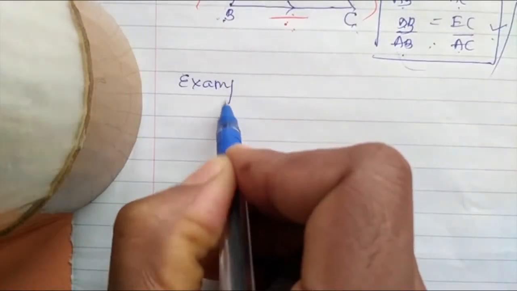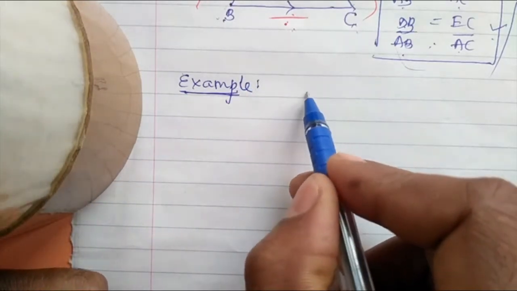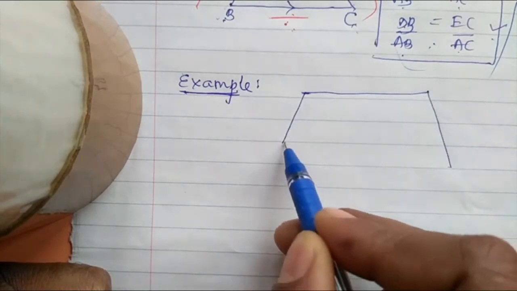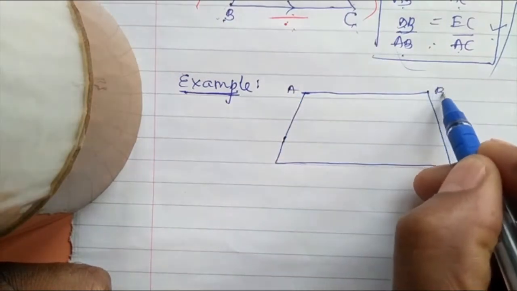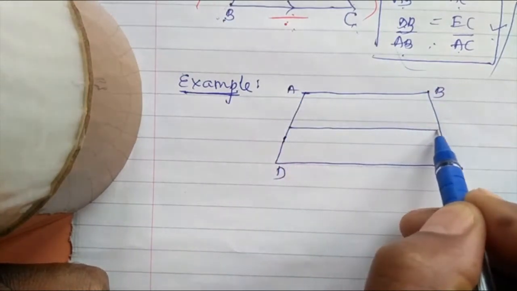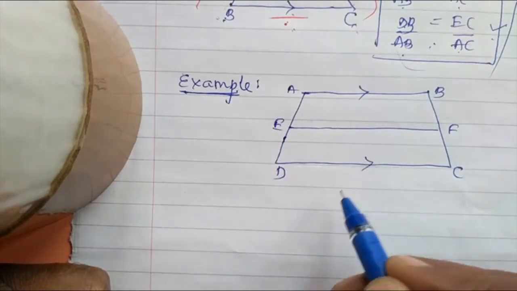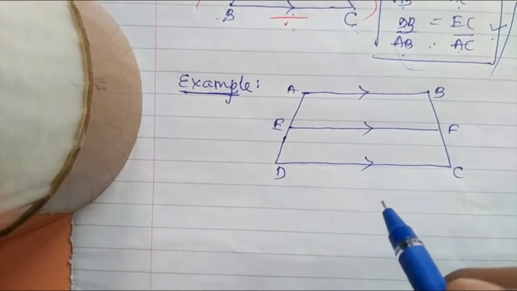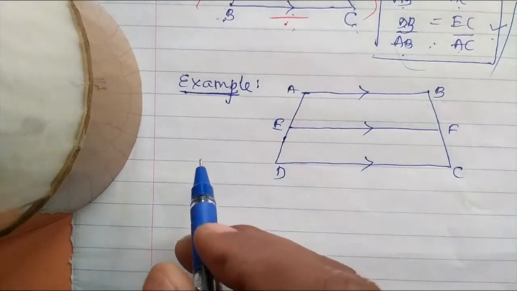Example. ABCD is a trapezium in which AB is parallel to DC. One more line EF, which is also parallel to AB and CD, is drawn in the diagram.